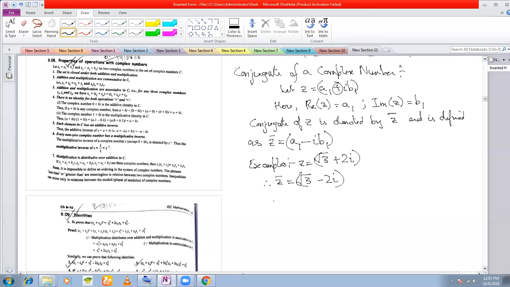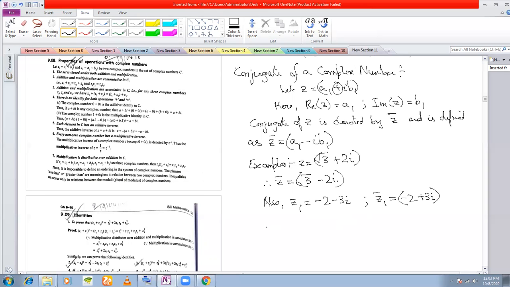And let us take another number. If I take z1 is equal to minus 2 minus 3i, then in this case, the conjugate of z1 is z1 bar. Minus 2 will remain as it is, the real part, and we only change the sign of the imaginary part. Okay. So that is how you work out the conjugate, and that is how we define the conjugate.